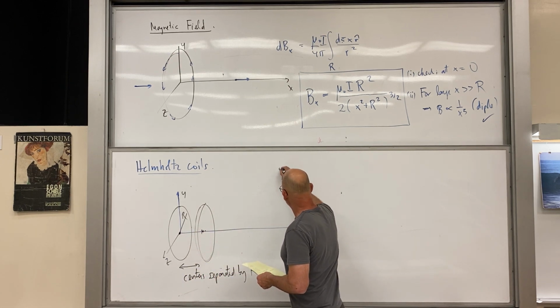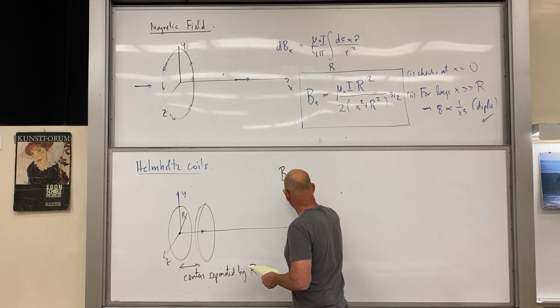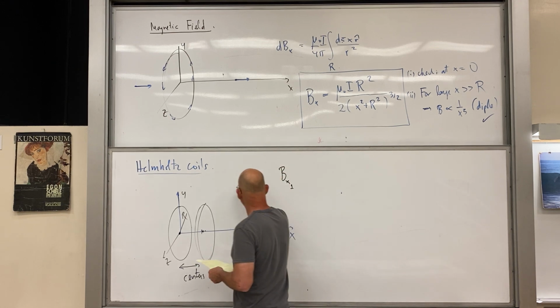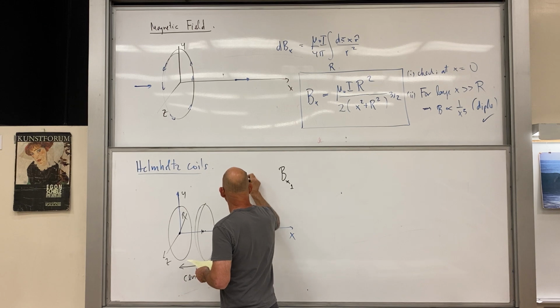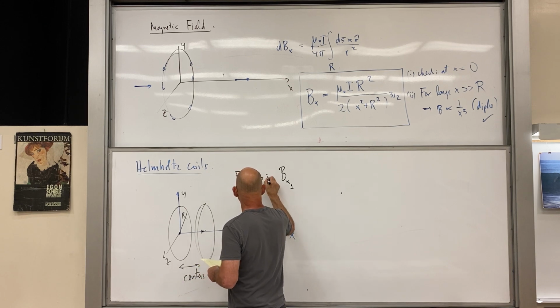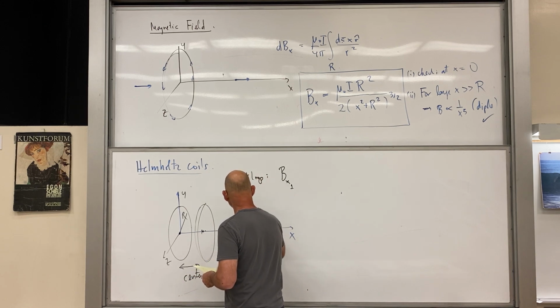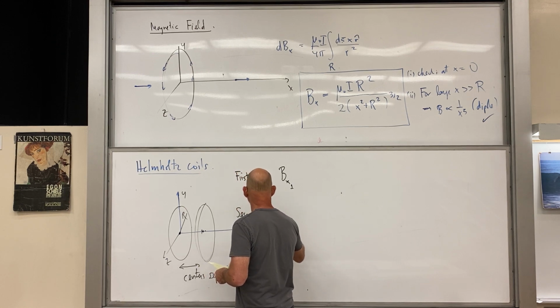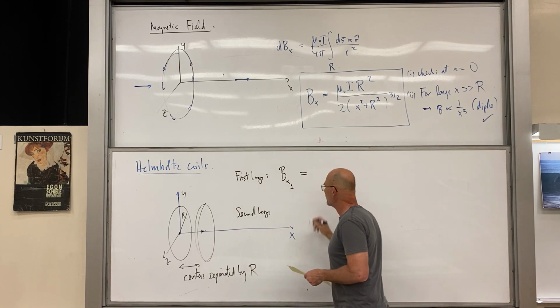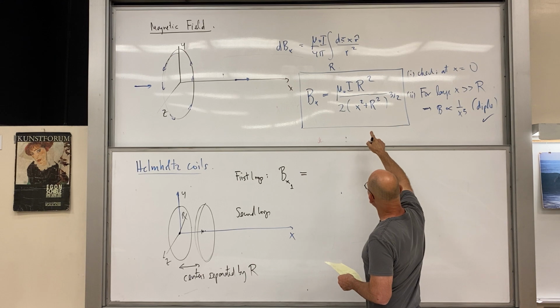We have Bx for the first loop, and then second loop. We have this expression right here.